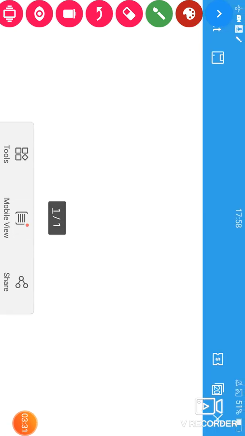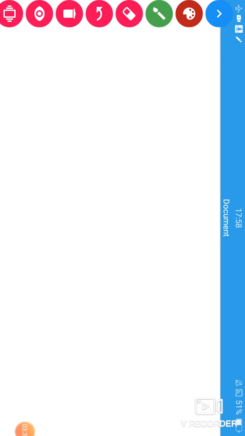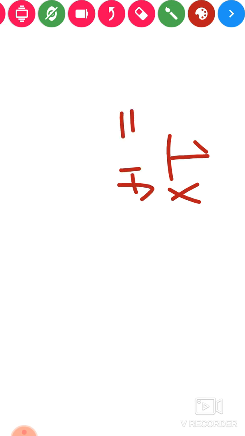Now next thing is multiplication of a given number with 1. So we have read this, that whenever we multiply a given number with 1, we'll get the answer as the number itself.